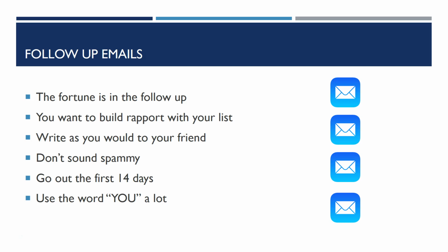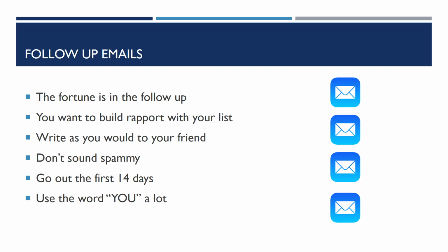The reason we say 7 emails is that on average, it takes people 7 exposures to your opportunity before they make a decision whether they're going to become a customer or join you as a rep in business. So we need to be strategic when we build and send these follow-up emails.